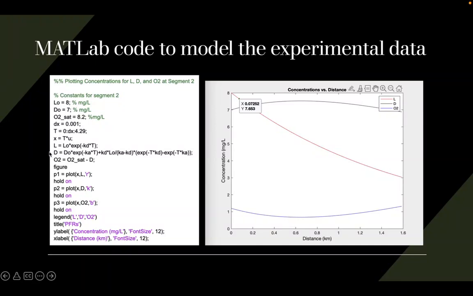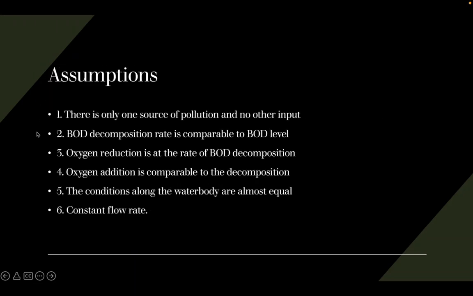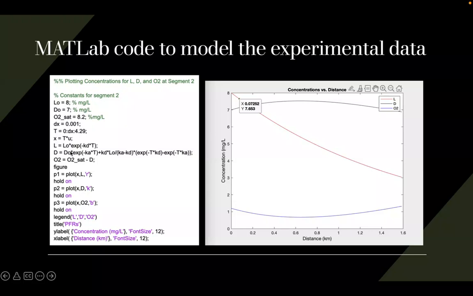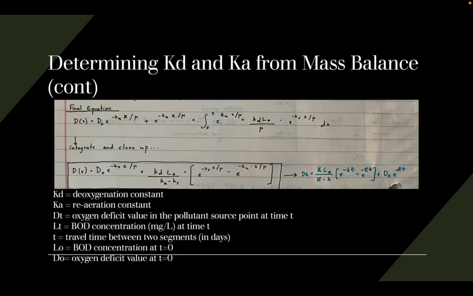And now we have these equations, L and D, that we derived earlier. L is just a first order rate reaction using the inverse of Kd, which we are given over here. So that 0.226 per day will come back, and we will use that to calculate L. D will also be calculated by equation 1 as explained here.